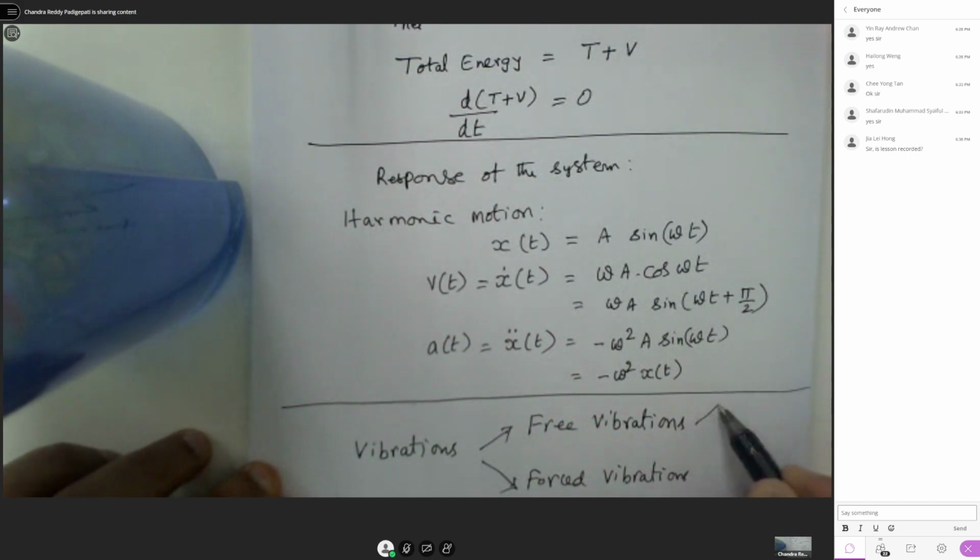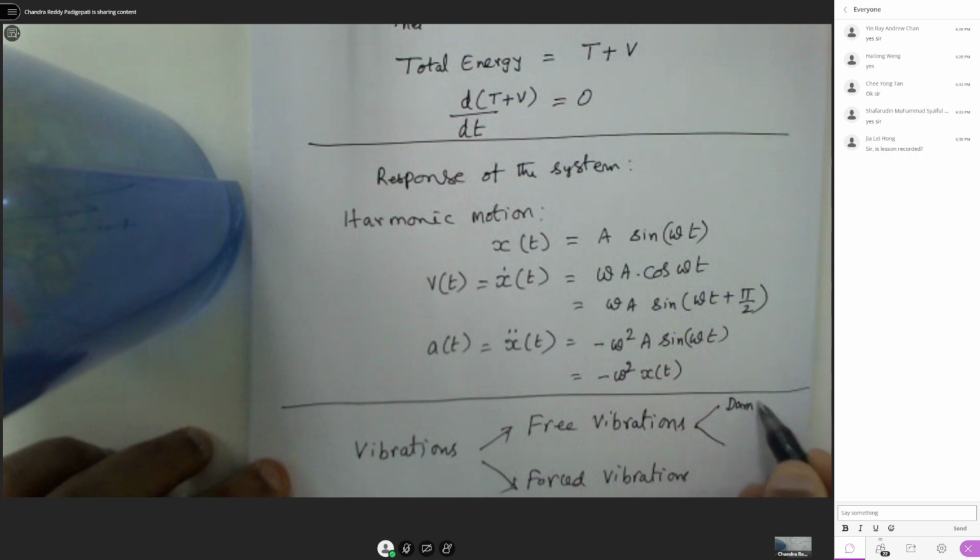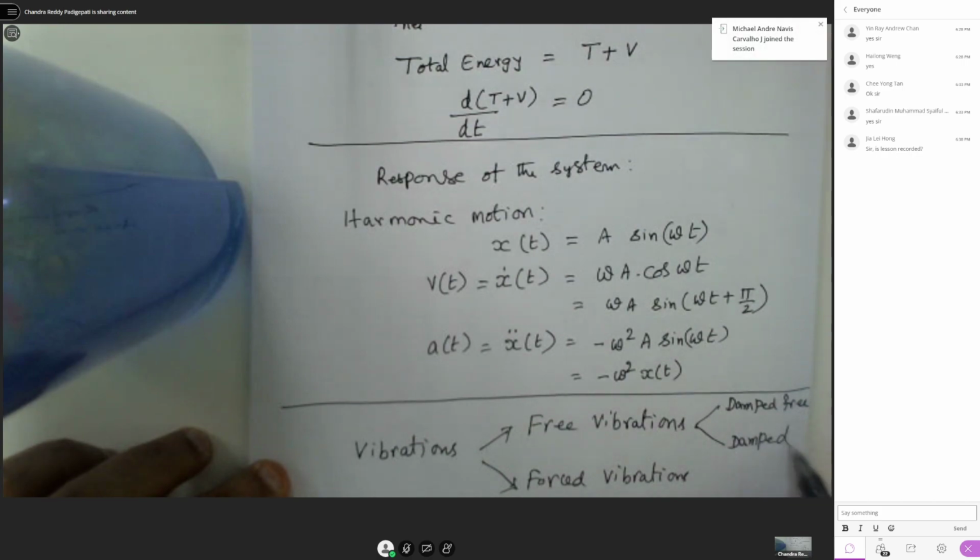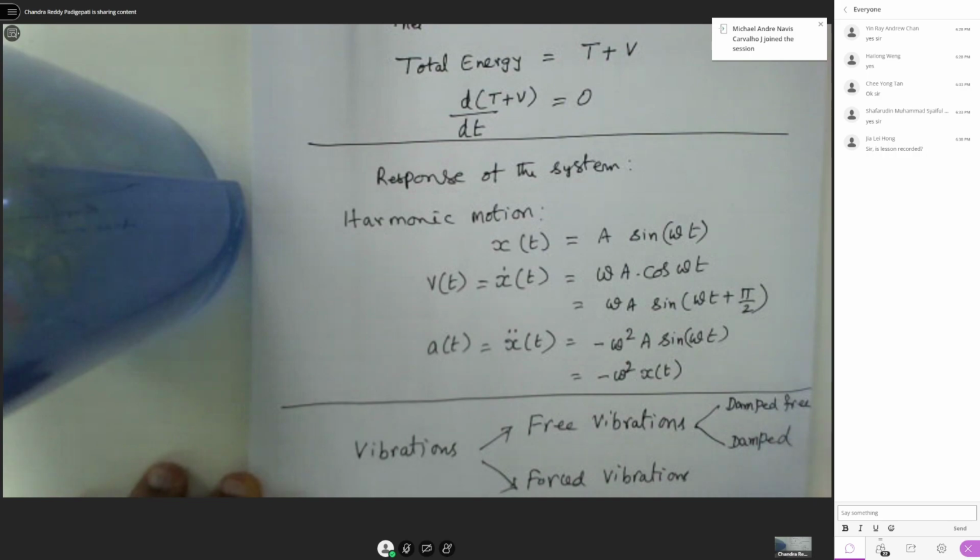Again, these free vibrations we can classify as undamped free vibration and damped free vibration, that means without damper and with damper.